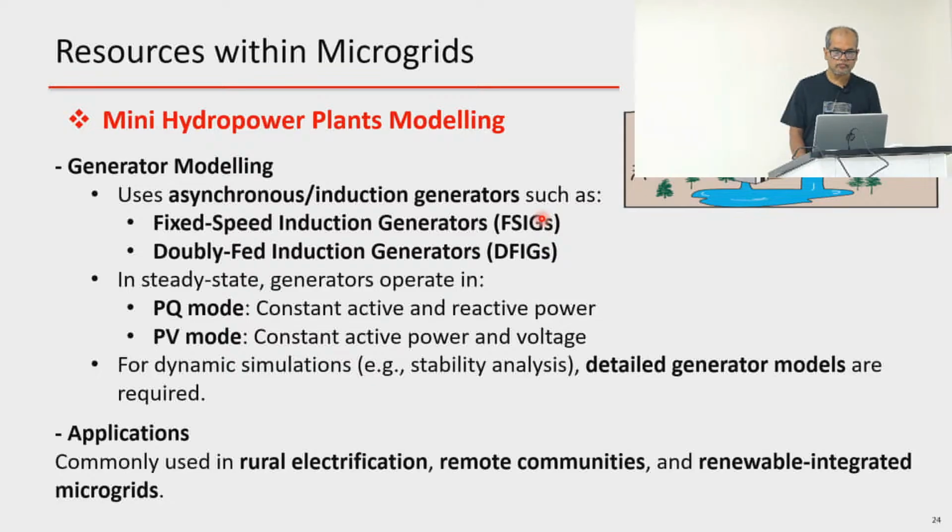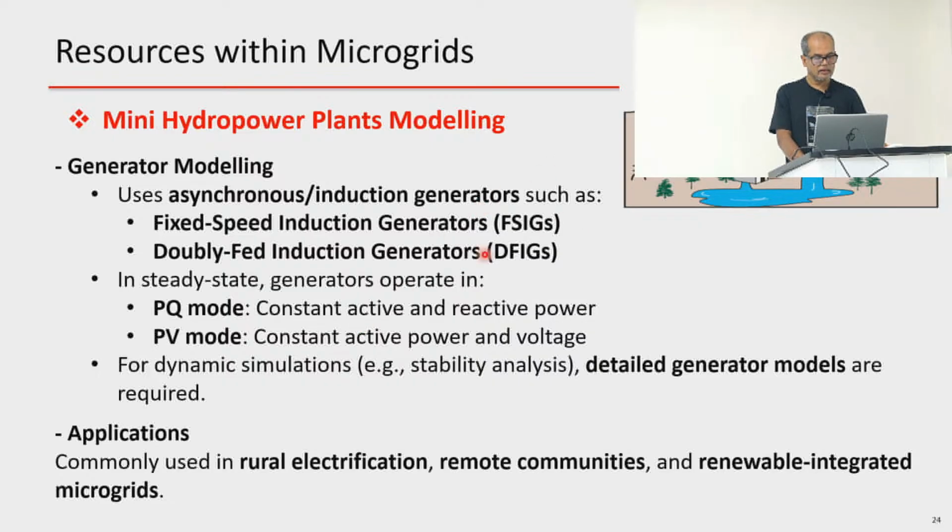Now again, here with wind turbines, for the generator they mostly use induction type, like an asynchronous generator. For example, it could be a fixed speed induction generator, or even a doubly fed induction generator.